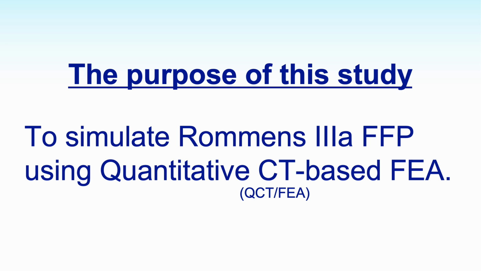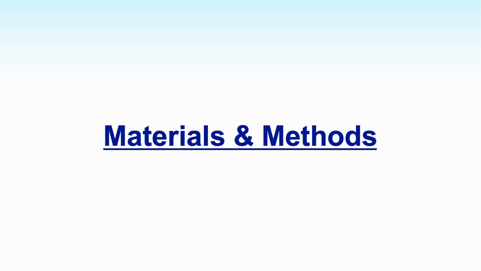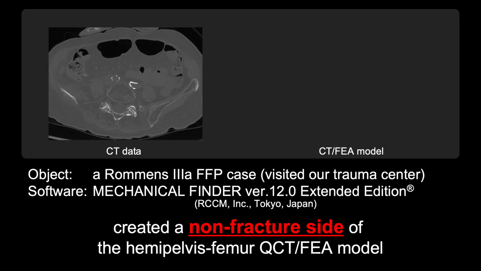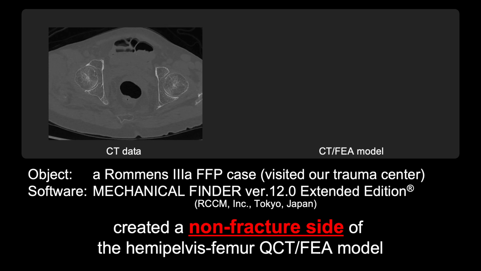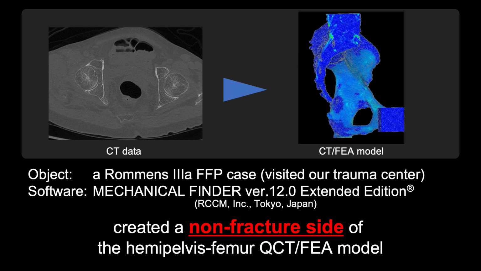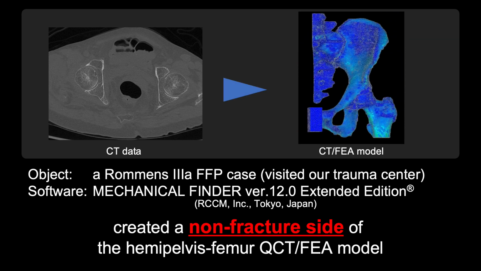The purpose of this study is to simulate Rommens 3A FFP using QCT-FEA. We used CT data from the patient with Rommens 3A treated at our trauma center and created a hemipelvis-femur QCT-FEA model from the non-fracture side.